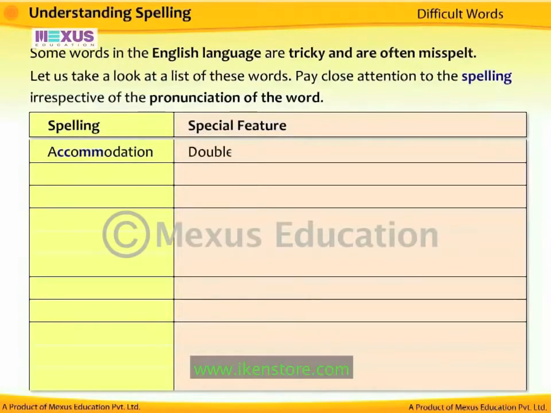There is a double C and a double M. COMMITTEE, committee. There is a double M, a double T and a double E.